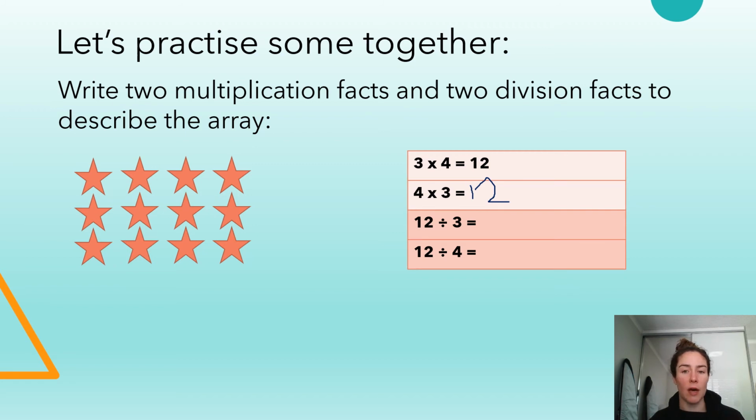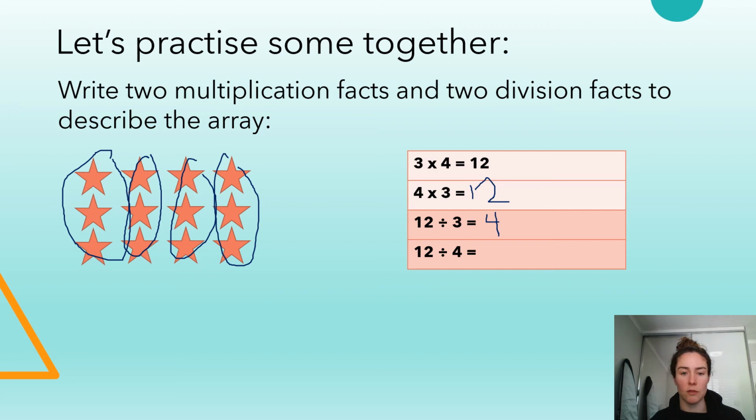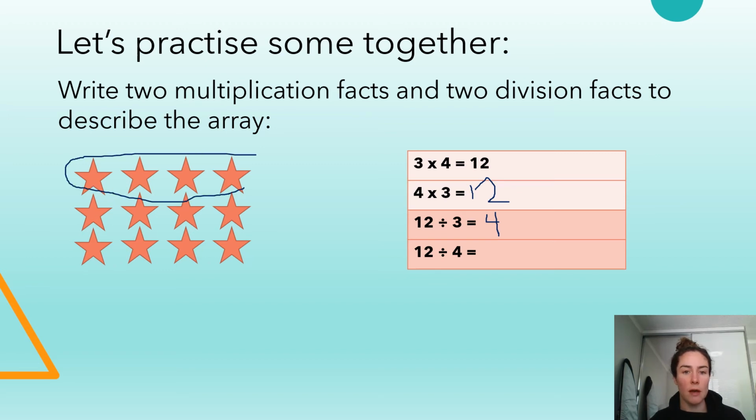Now we have 12 divided by 3 equals something. If we were going to put these stars into 3 groups, we would be going 1, 2, 3, 4, and then writing down 12 divided by 3 equals 4. If we are thinking 12 divided by 4 equals something, we are going to put them in groups of 4.